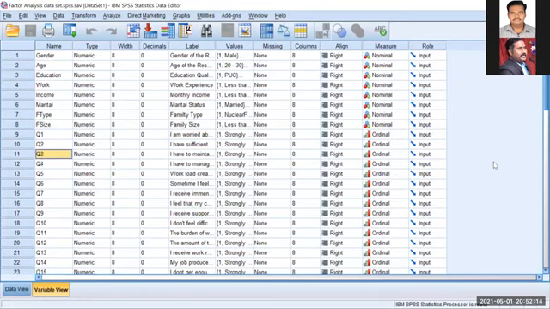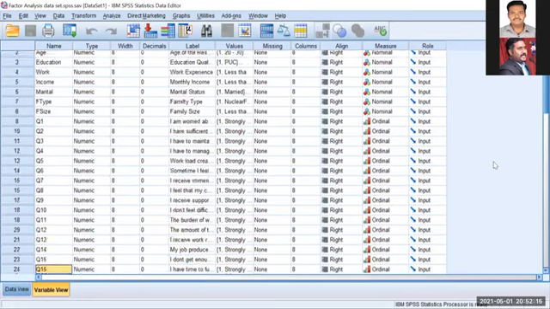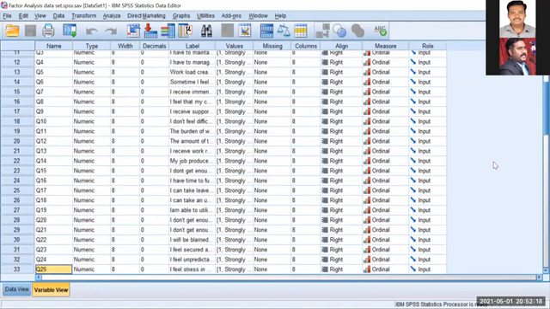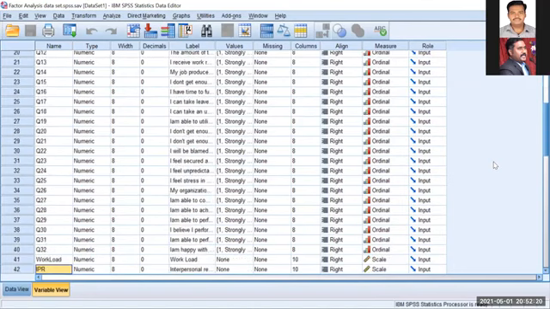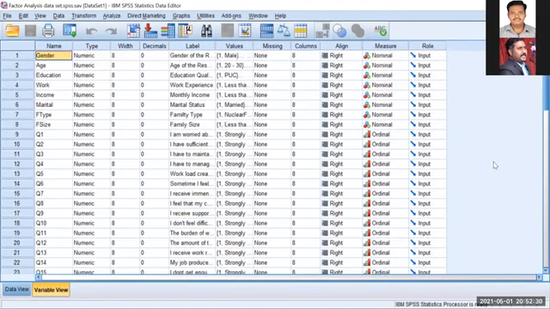There are 32 questions, all measured with a 1 to 5 point scale. That means 1 is strongly agree, 2 is agree, 3 is moderate, like that. So it's ordinal. After entering this data, I'll move on to the data view, where we can check the normality.